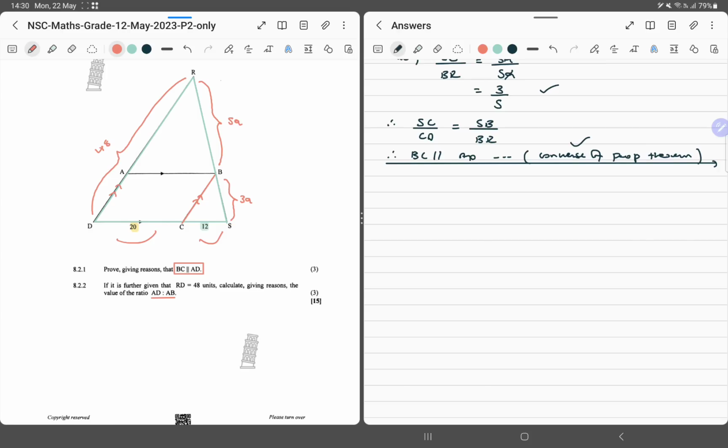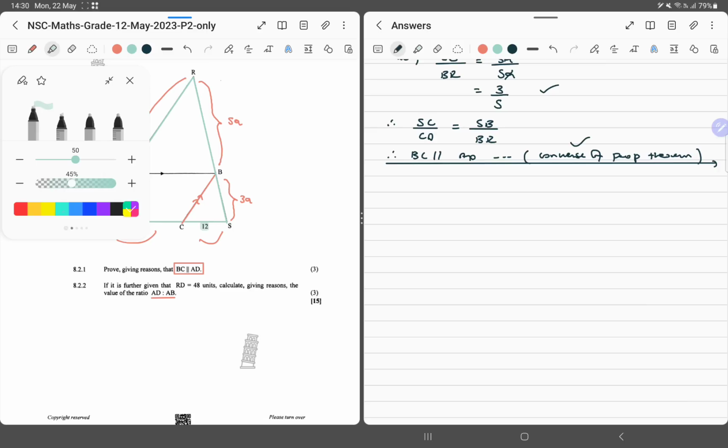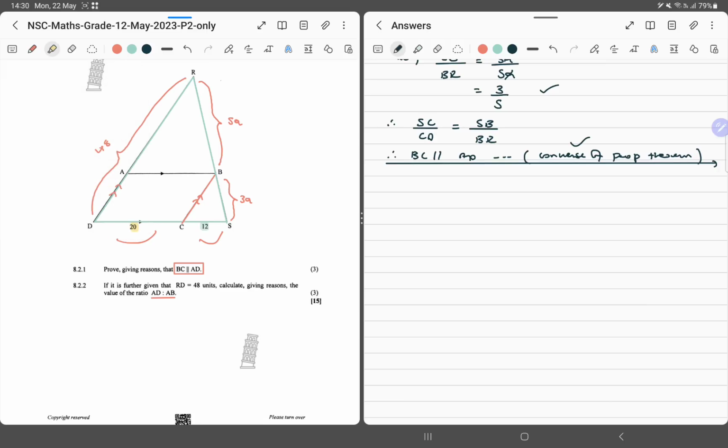So do you see we have a parallelogram here? We've got ourselves a parallelogram. There are no more questions to chase after this one.